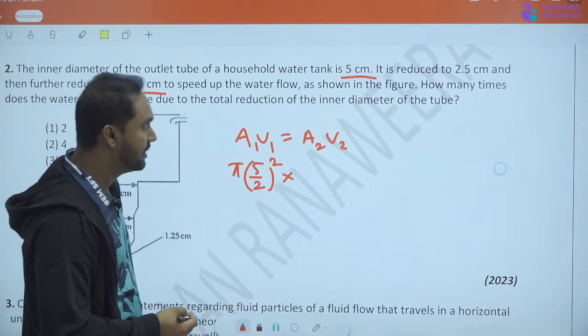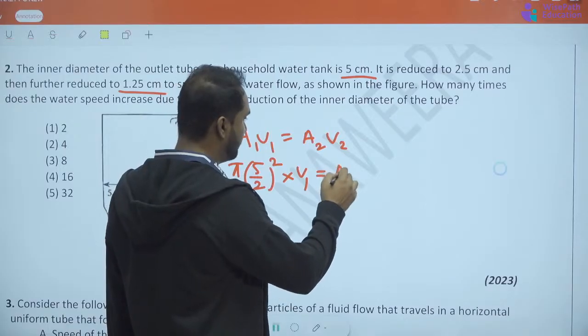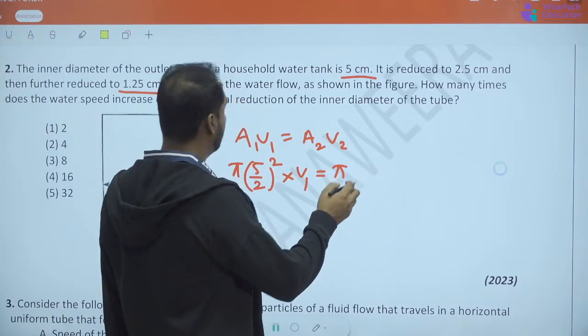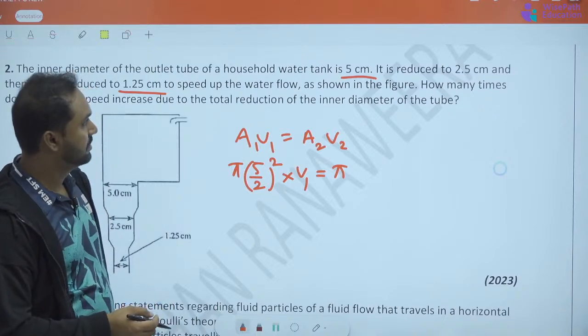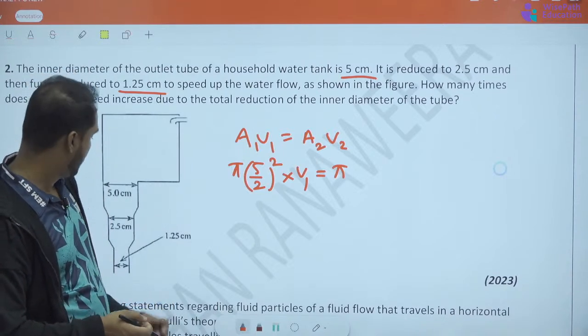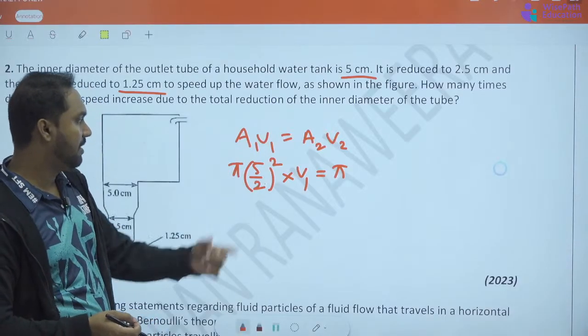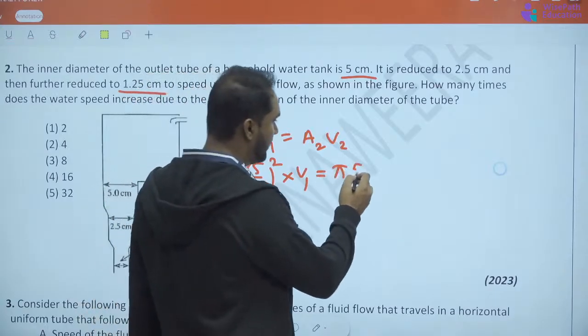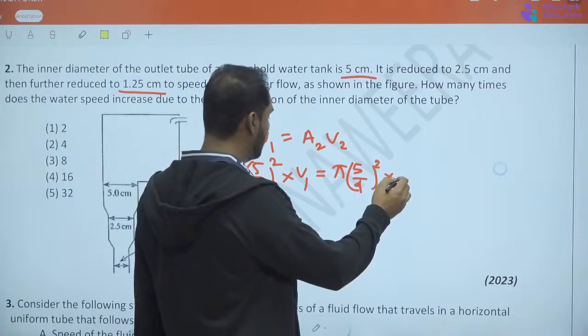Now they're asking how many times it has increased, so I'll take it as v1, equals A2. The final radius is 1.25, which is 2.5 divided by 2 or 5 divided by 4. It's (5 divided by 4) squared times v2.